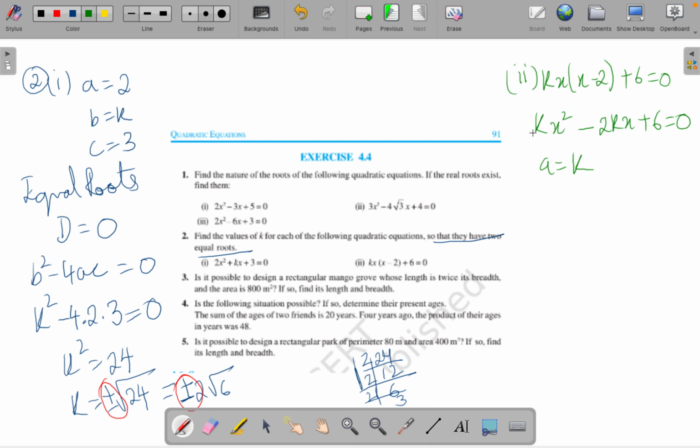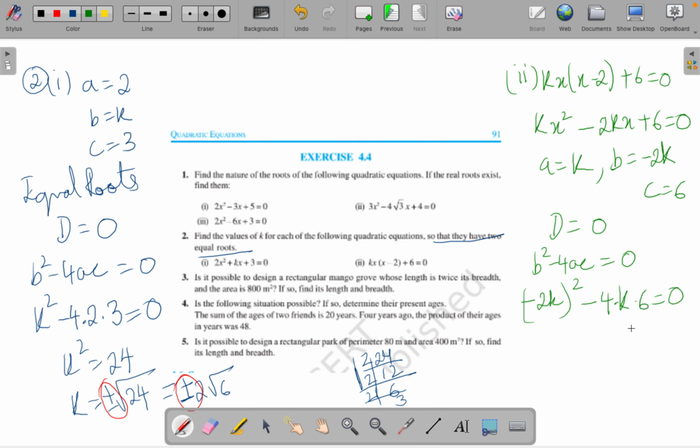Coefficient of x square is a, coefficient of x is b, and coefficient of the constant term is said to be c. Again, let's calculate. It is given that d is 0. That means b square minus 4ac is 0. b square is minus 2k whole square minus 4 into a into c equals 0.